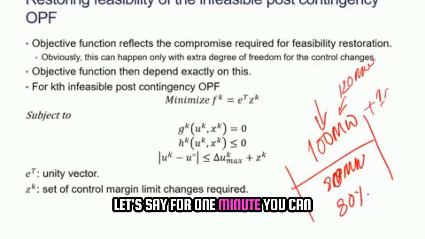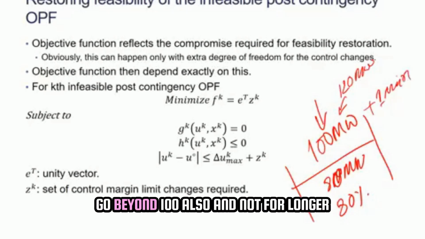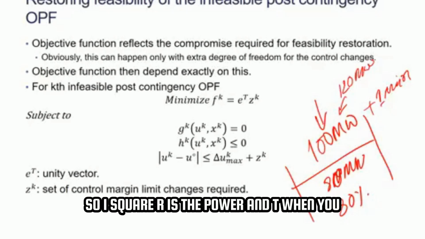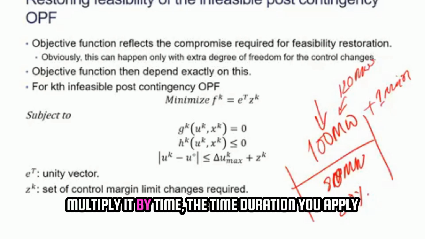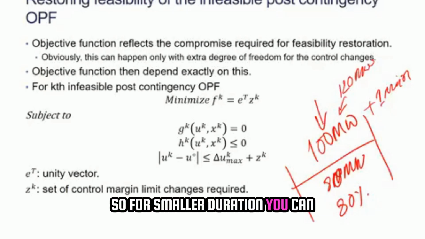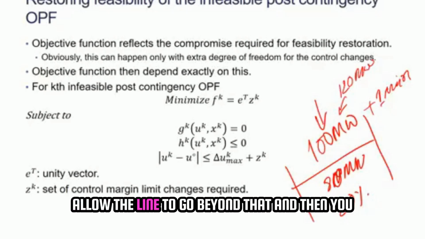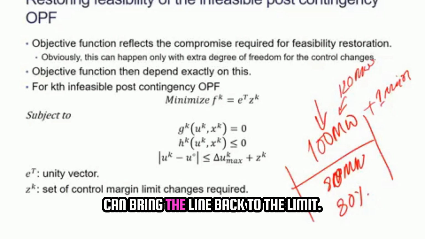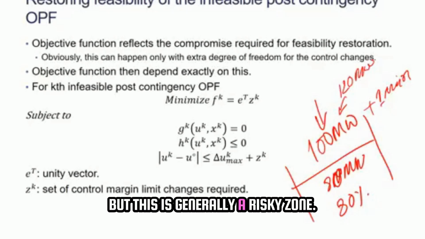Let's say for 1 minute you can go beyond 100 also, and not for longer, because heat is basically I square RT. I square R is the power, and when you multiply it by time, the time duration you apply that current, the heat depends on that. So for smaller duration, you can allow the line to go beyond that, and then you can bring the line back to the limit. So that can be at times exploited, but this is generally a risky zone.